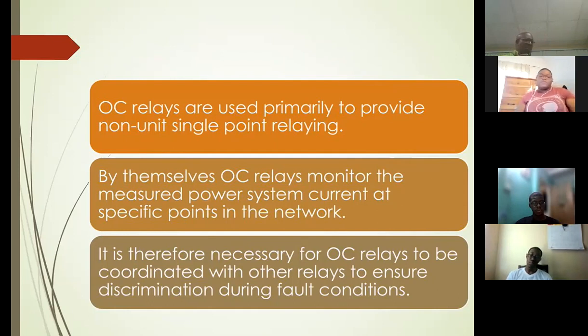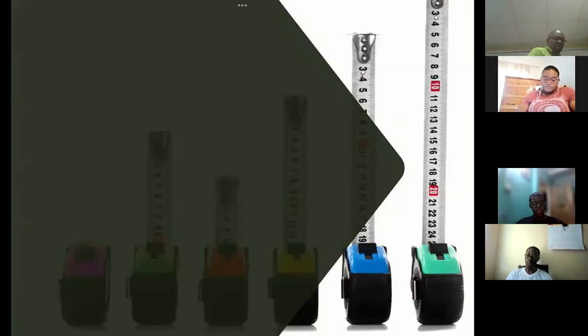The fact that we have fault current passing through a particular point in the network doesn't necessarily mean that it is under fault. You with me? Because the fault current needs to pass through certain parts of the network in order to get to the fault point. So to ensure proper discrimination, to ensure that only the faulted section is removed, we go through this exercise when using overcurrent relays known as coordination. Okay?